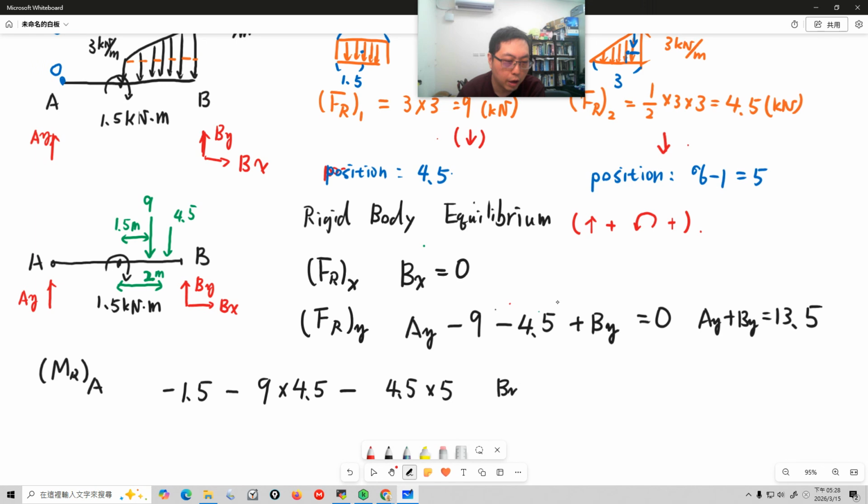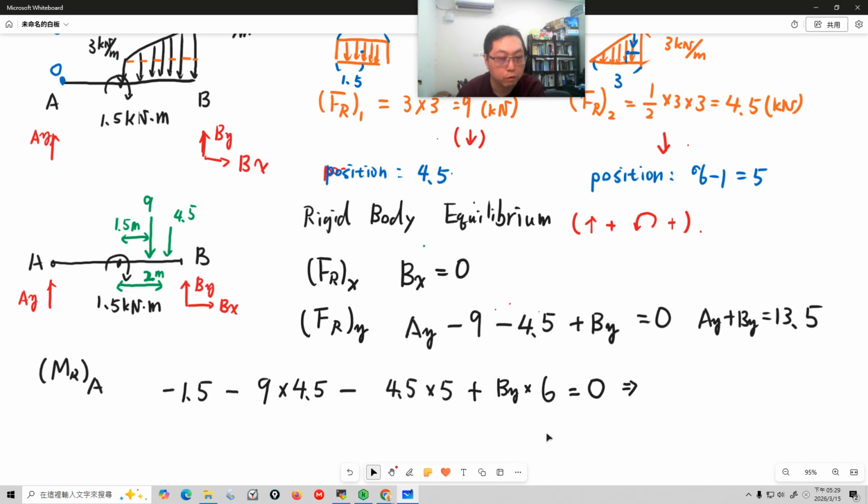By times the lever arm, which should be 6, since 3 plus 3 is 6. It's counterclockwise, so positive, and the sum equals 0. From this equation, you can solve it. Let me check if my equation is right. Yeah, it's right.